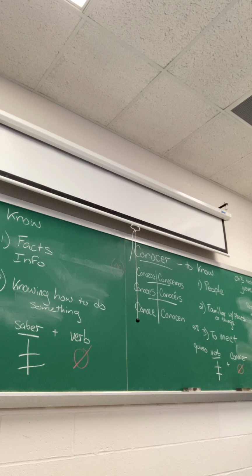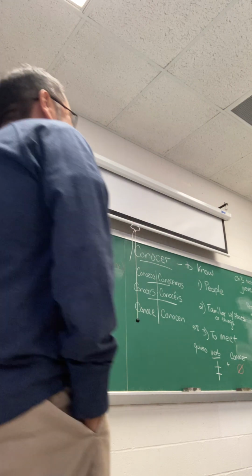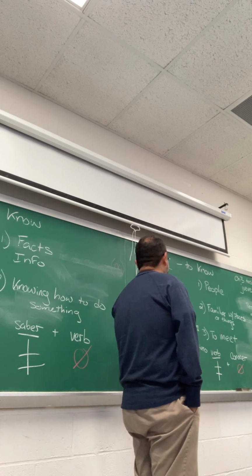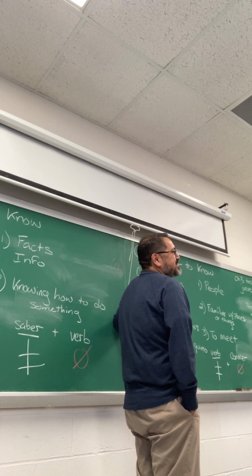Número 8. Blank tú a la familia de tu novio. Do you know your boyfriend's family? Okay. Shuya, por favor, the verb you chose and what form? Saber. Sabes. Because a family is people, it's conoces, okay?